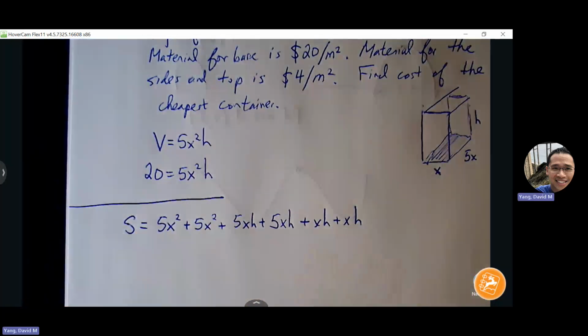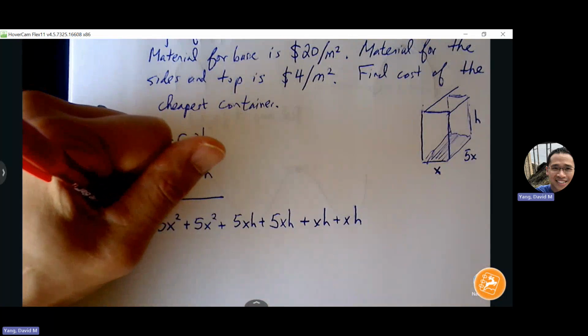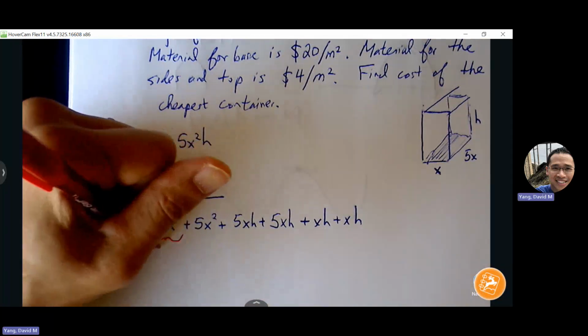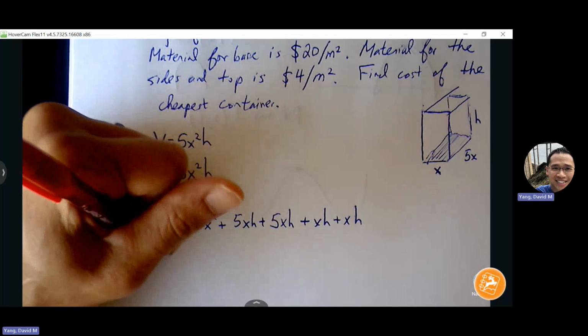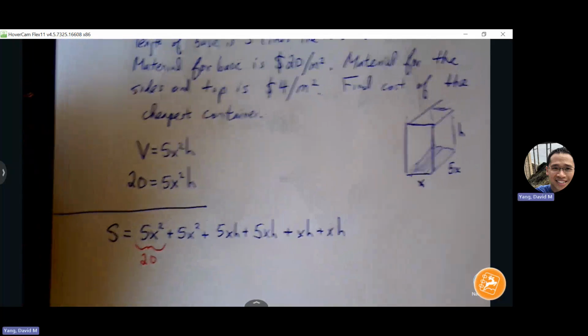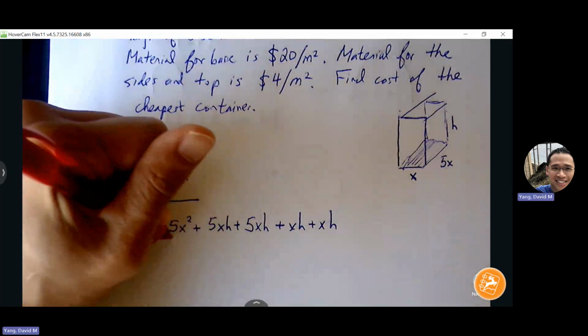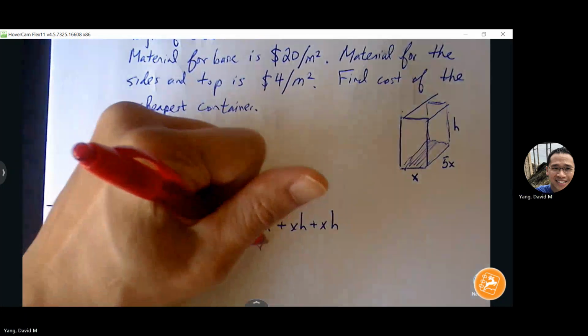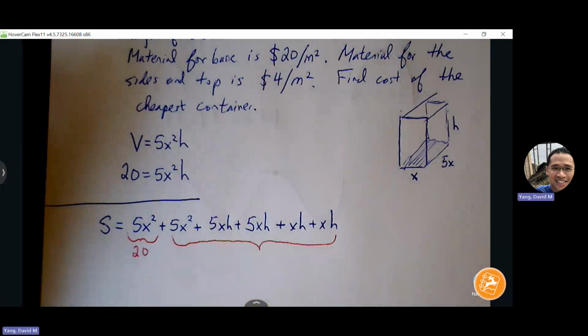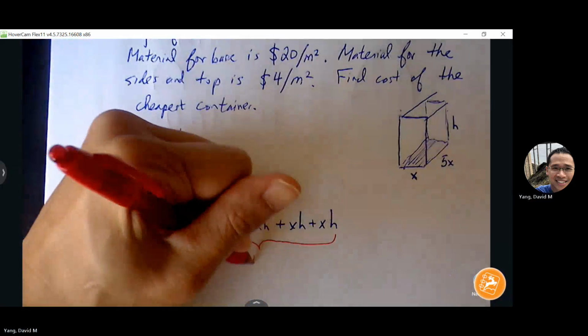Okay, there's cost associated with each of the sides. The base is the most expensive, so we have to multiply $20 into that. In this case, the top and the sides are of the cheaper material, so all this is going to have to be multiplied by 4.